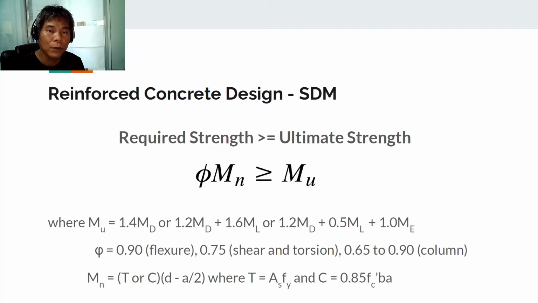We have to analyze the structure using the different loads and then multiply it with the load factor and then add everything to get the ultimate strength. In terms of bending moment, that's Mu. Also, phi is the strength reduction factor. Normally, the strength reduction factor is 0.9 for flexure, 0.75 for shear and torsion, and 0.6 to 0.9 for columns.